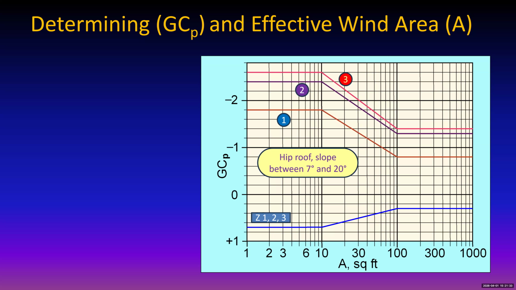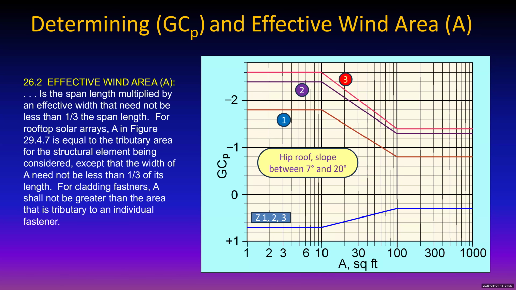So again, look it up on the table, get your ASCE 7-22 out, determine the effective wind area. All right, and I'm not going to read all this stuff because it's in ASCE 7-22, chapter 26, part 2, the definition of effective wind area.